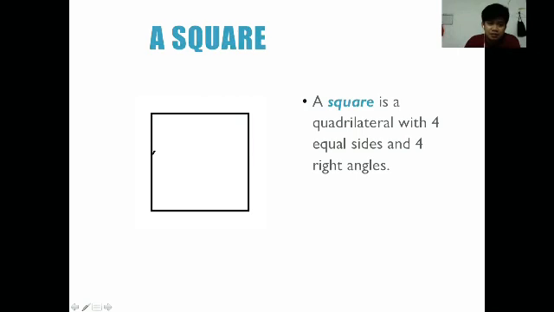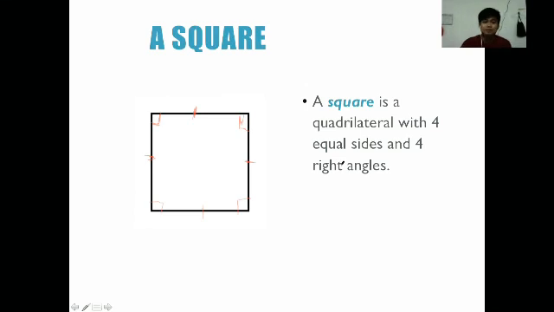Itong mga to, ito, tas ito, yan. They are equal and it has four right angles. Yung mga angles daw dito, those are right angles. So, right yan, right din yan. That is the property of square.